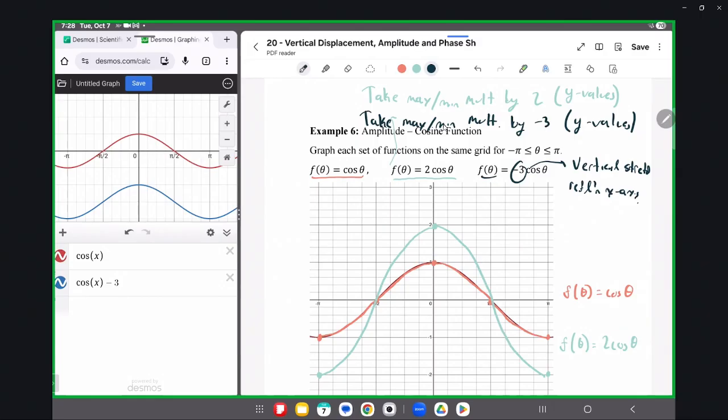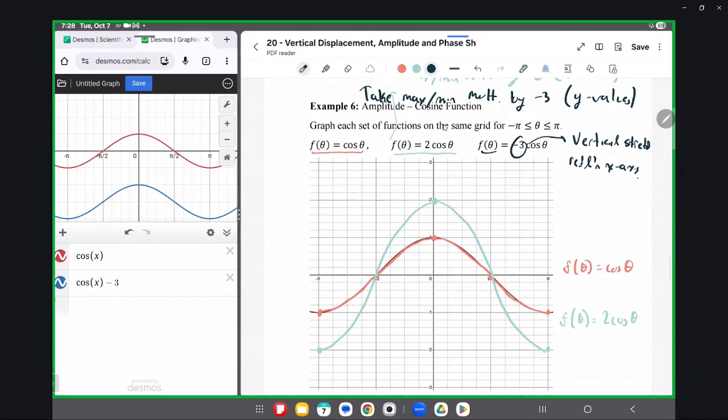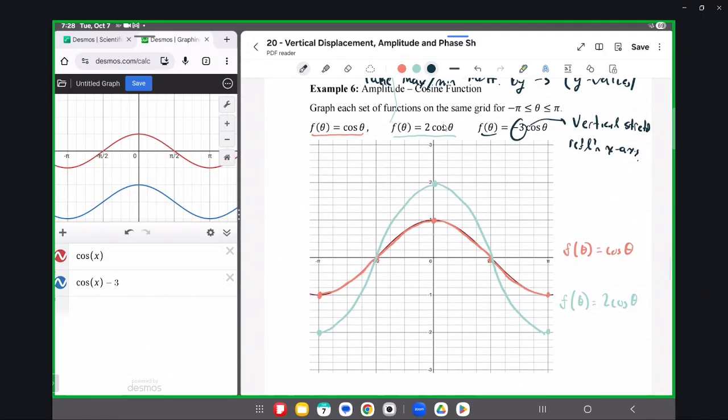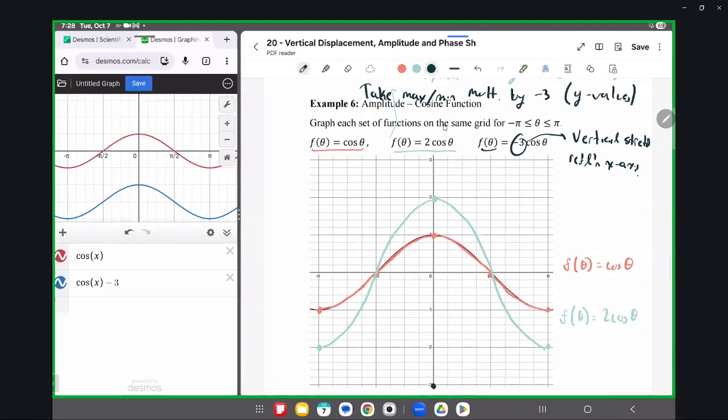That's the transformation. If we were to actually graph what this looks like, all we do is take the base function 1 and multiply it by negative 3. We get this value below. And if I were to take 2 and multiply it by negative 3... no, sorry, I was reading the wrong value.